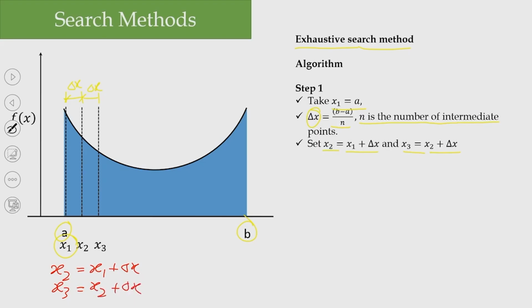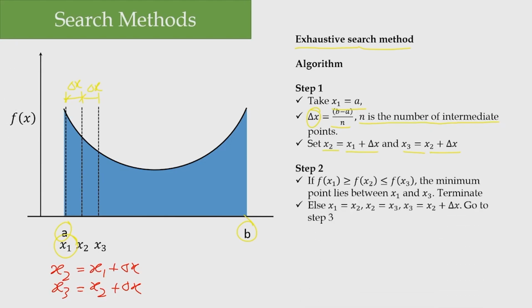So x 1 is A, and then I get another 2 points, x 2 and x 3, where x 2 equals x 1 plus delta x and x 3 equals x 2 plus delta x.